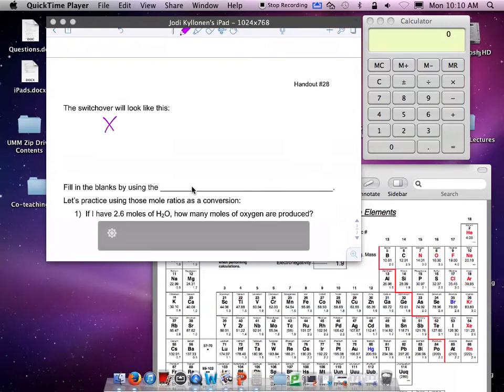So the switchover step generally would look like this. You would start with some number of moles of anything. I'm going to call it RV, all right? So you would start with some number. This is my pretend chemical. Then to do the switchover, it's going to look like dimensional analysis. You would need to know moles of RV, and let's say I was converting it to moles of JK. So this would be some number, this would be some other number.